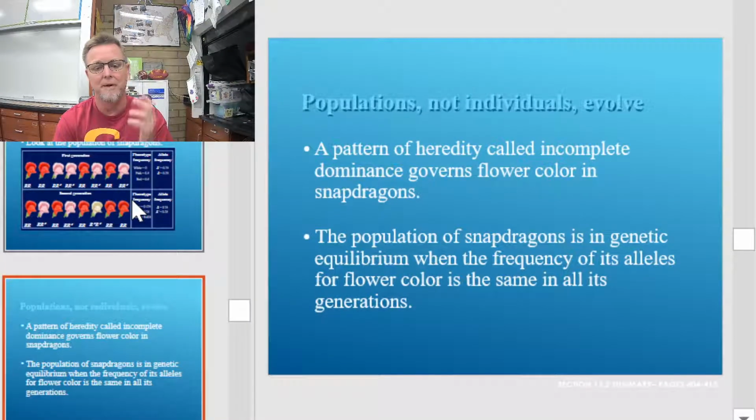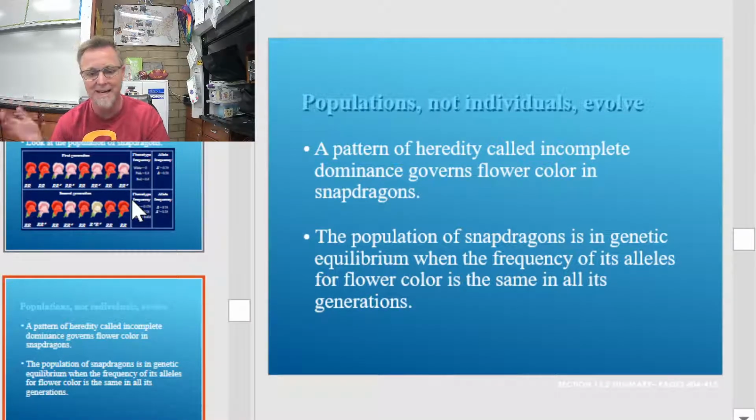Okay, so a pattern of heredity called incomplete dominance governs flower color in snapdragons. We learned that in our genetics video. The population of snapdragons is in genetic equilibrium when the frequency of its alleles for flower color is the same in all of its generations. But what if somebody comes along and says, I don't really like the red snapdragons anymore, and they spray them with Roundup?